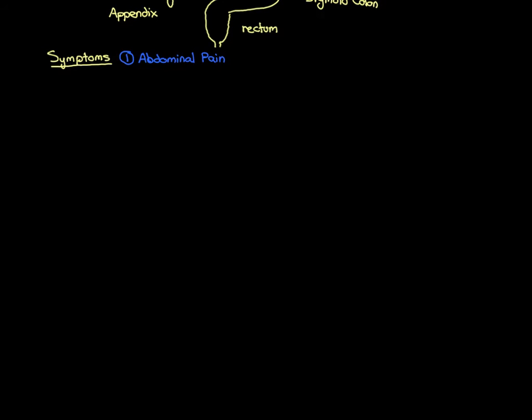It makes them fire action potentials, and that gives you the sensation of pain. The intestinal wall has pain neurons within it, and therefore when you get inflammation occurring within the intestinal wall, it will lead to the activation of those pain neurons, and therefore you will get abdominal pain. So hopefully that symptom makes sense to you.